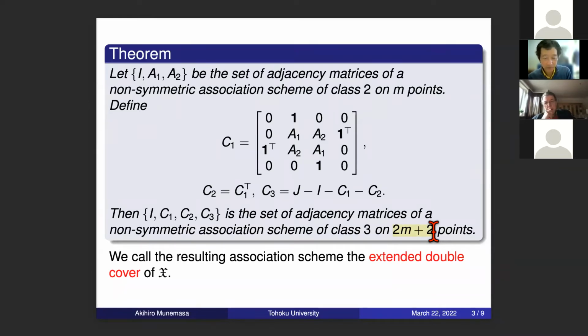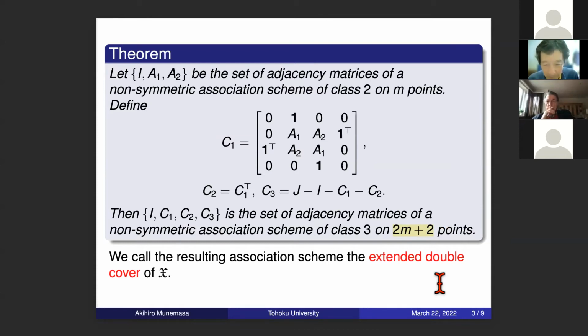And C2 is defined to be the transpose of C1. C3 is J minus I minus C1 minus C2. So that if you add the identity and C1, C2, C3, you get the all-one matrix J. And the claim is that this set of 4 matrices is the set of adjacency matrices of a non-symmetric association scheme of class 3 on 2m plus 2 points.